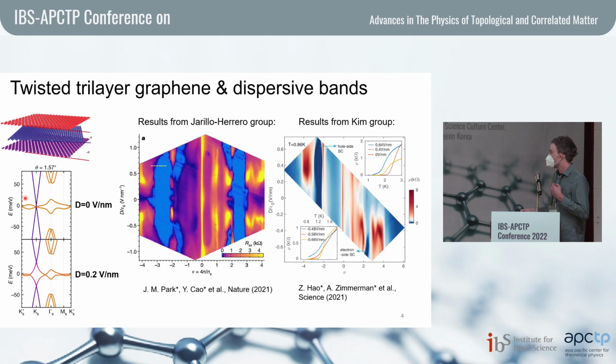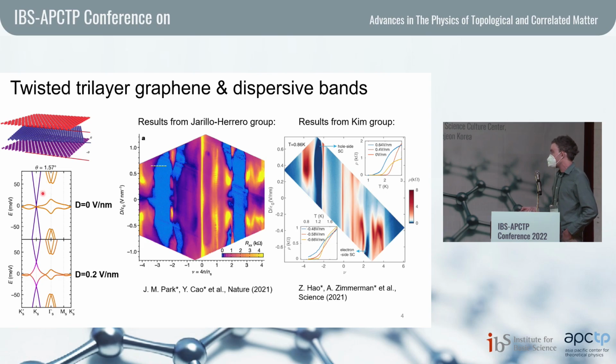One finds, if I look first at the orange here, that for zero displacement field, where the mirror symmetry of the system is intact, I get some flat bands that look very much like the flat bands of twisted bilayer graphene. But I also get this extra, basically Dirac cone that comes in at one of the mini-Brillouin zone valleys.